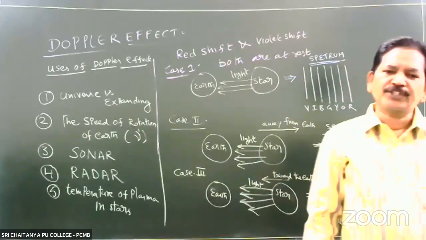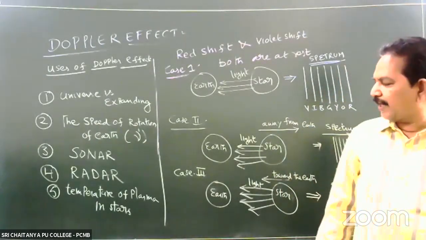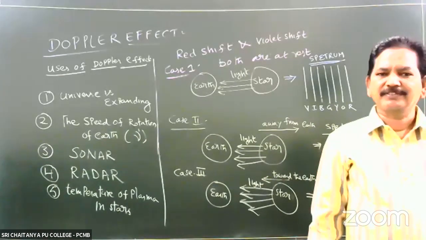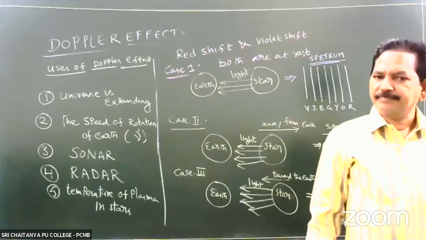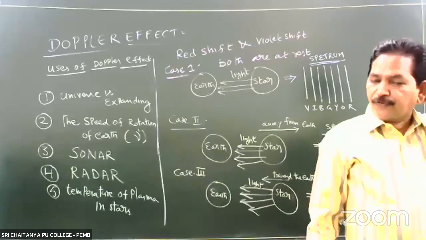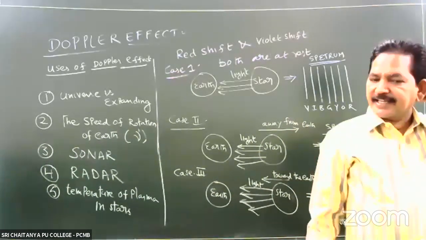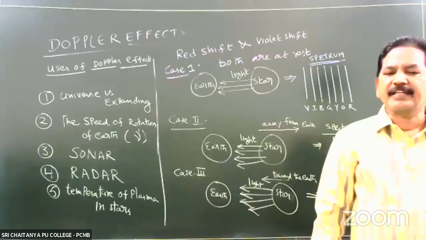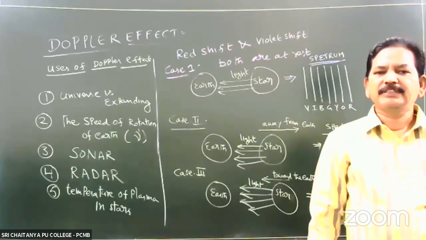There is a fourth state also. That is called plasma state. At very, very high temperature, the matter exists in the form of ions, not atoms. That is called the fourth state of matter. That is plasma. We can find out the temperature of the plasma.